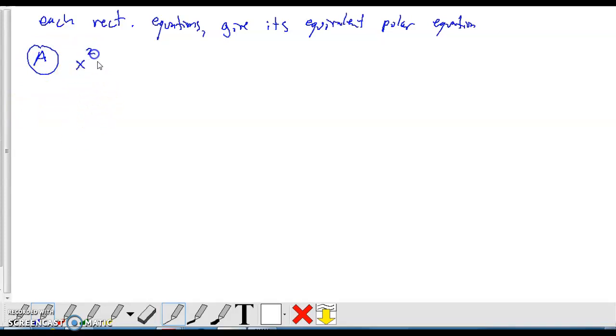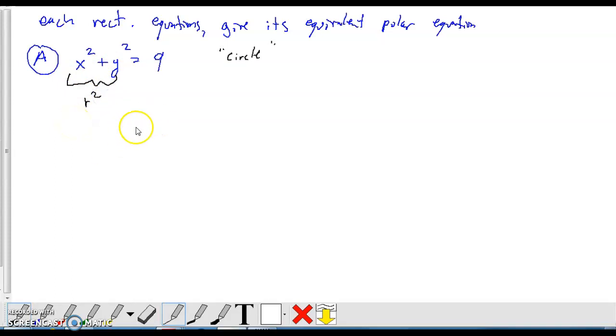So x squared plus y squared is equal to 9. Hopefully you recognize that this is a circle. If we didn't recognize that circle, not that big of a deal. But what do I know? I know that x squared plus y squared is equal to r squared.